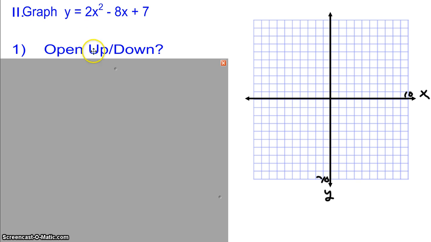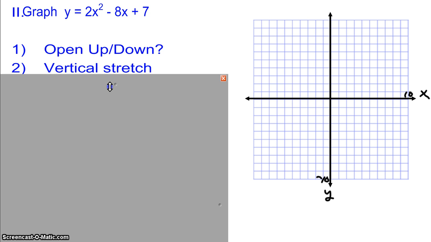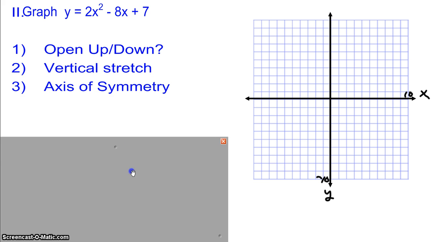Positive out here. Good. So you would say, okay, this is going to be a U shape that's opening up, right? And that 2 does what to the parabola? A little bit of a stretch, not a major stretch. And then we're not used to this middle term being here, but the plus 7 would do what? Translation up, right?